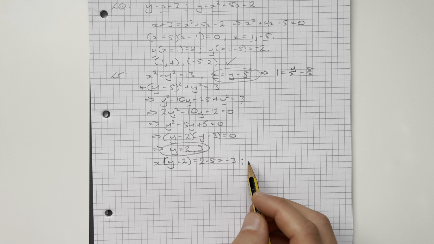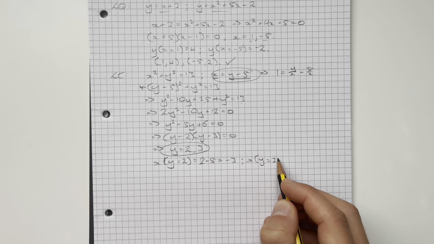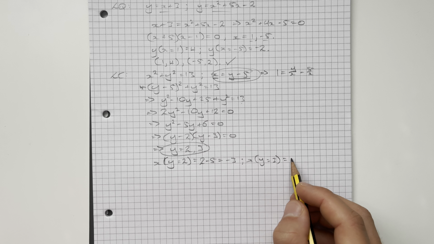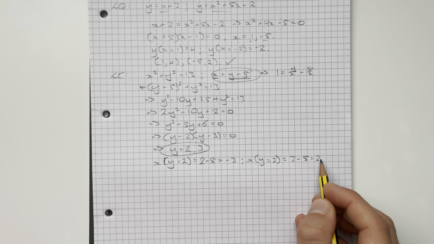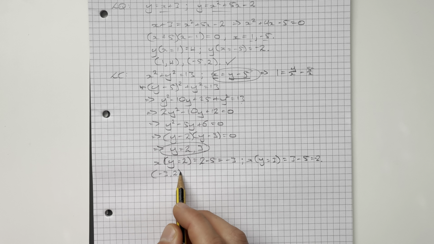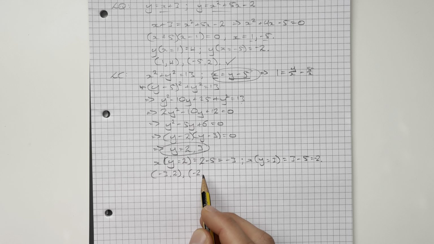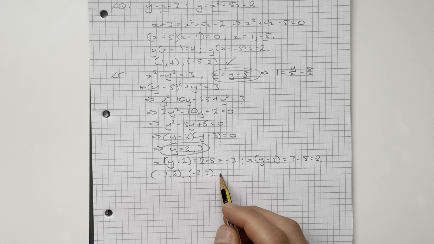Doing a similar thing for 3: x, when y is equal to 3, is equal to 3 minus 5, which is equal to minus 2. Beautiful. So our solutions are y is 2, x is minus 3, and also y is 3, x is minus 2. And they're the solutions to our equations.